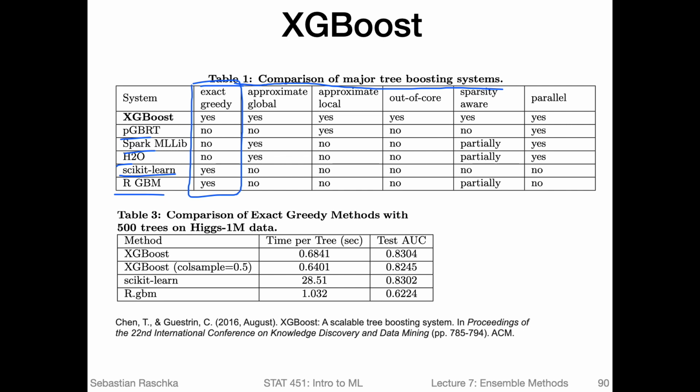XGBoost implements certain additional features. Exact greedy is not one of the unique features of XGBoost, because that's something that the classic gradient boosting also has. So it's in XGBoost, but also in scikit-learn and the R implementation of gradient boosting. The paper calls exact greedy the method of considering all the possible splits of a continuous feature, which we also talked about in CART. They say it's all possible splits, but technically it's not all possible splitting thresholds.